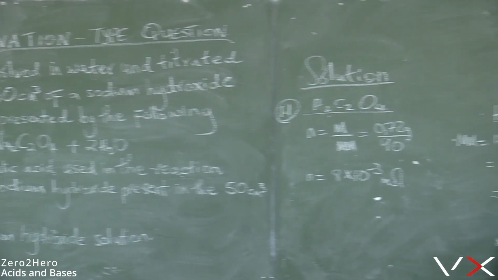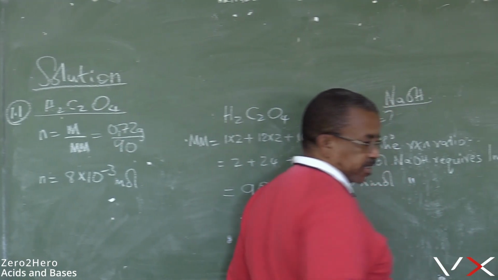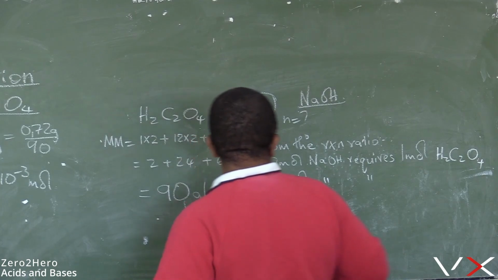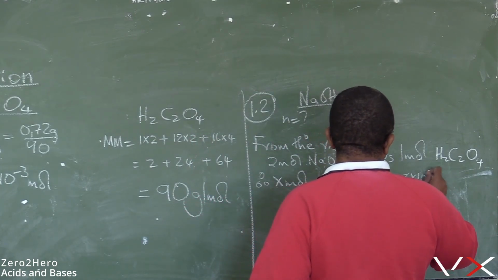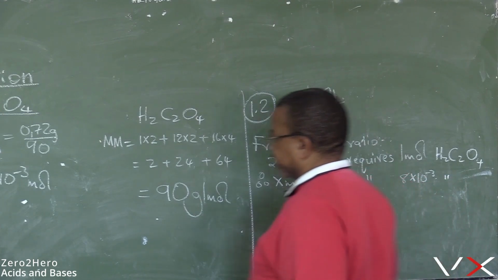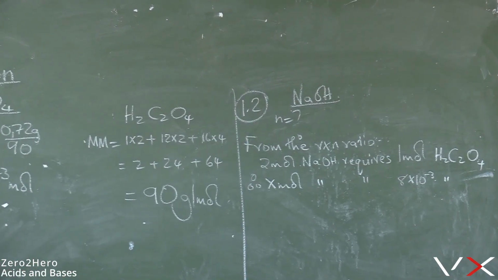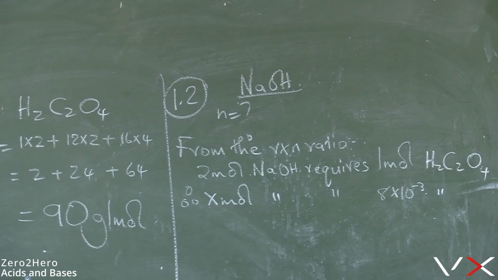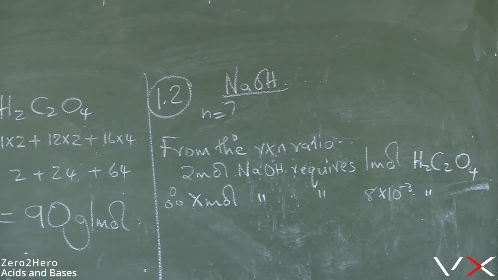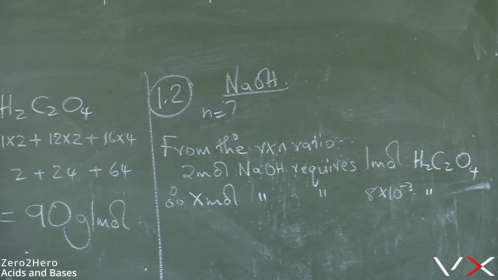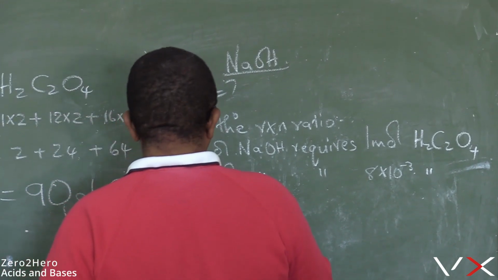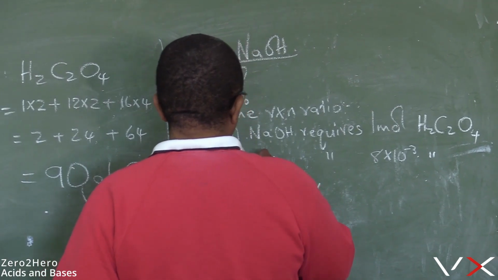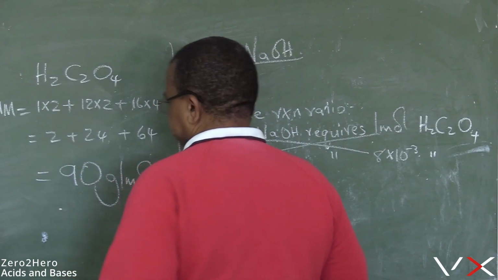Then therefore, X moles of sodium hydroxide will require how many are reactive? It's 8 times 10 to the power minus 3 of oxalic acid. These are the actual number of moles that reacted with the sodium hydroxide, 8 times 10 to the power minus 3. Kodwa ziya ngaleyo ratio. Then you cross multiply and solve for X. So you have 2 times 8 times 10 to the power minus 3 is equal to 1 times X, 2 times that.